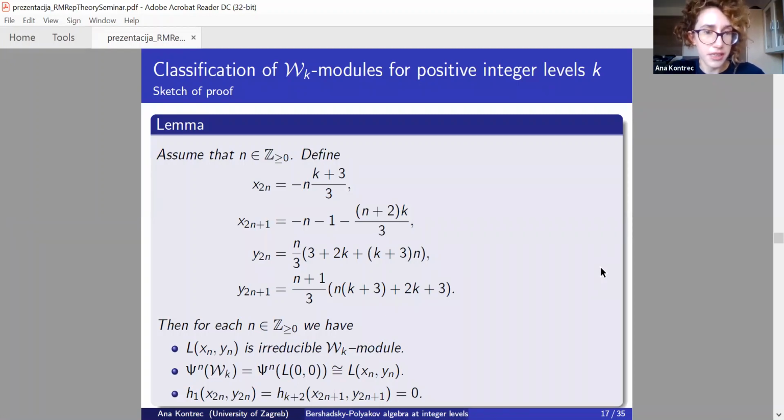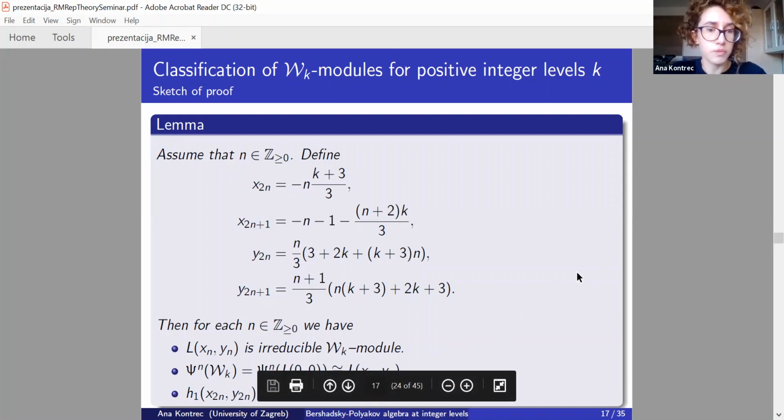for every solution xn yn, it holds that L xn yn is in fact an irreducible WK module, and they are connected to L00 in this way.